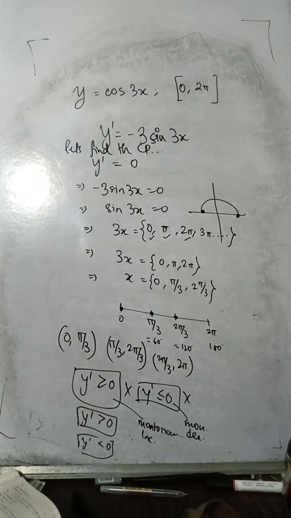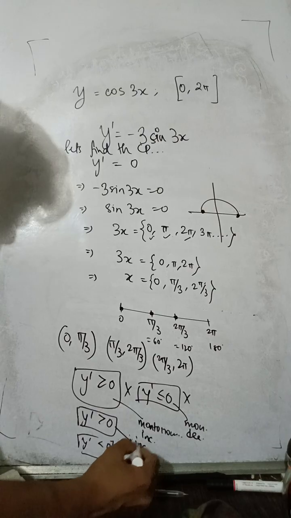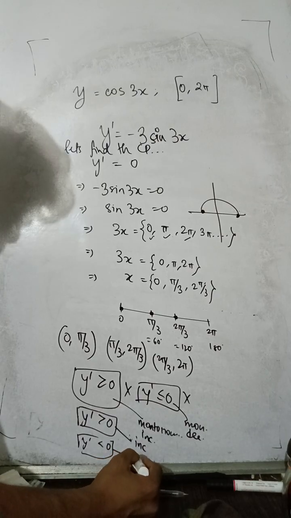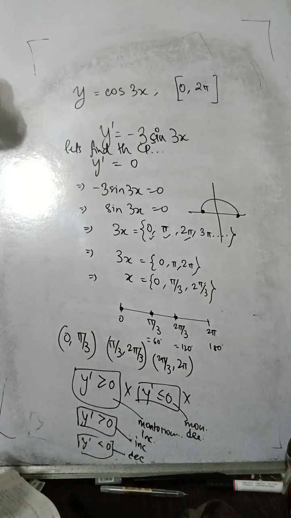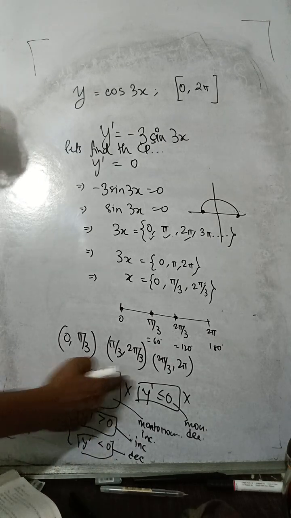But we have not been asked about monotonous increasing or decreasing behaviors. We are asked about increasing or decreasing. So this is basically strictly increasing, and this is basically strictly decreasing.